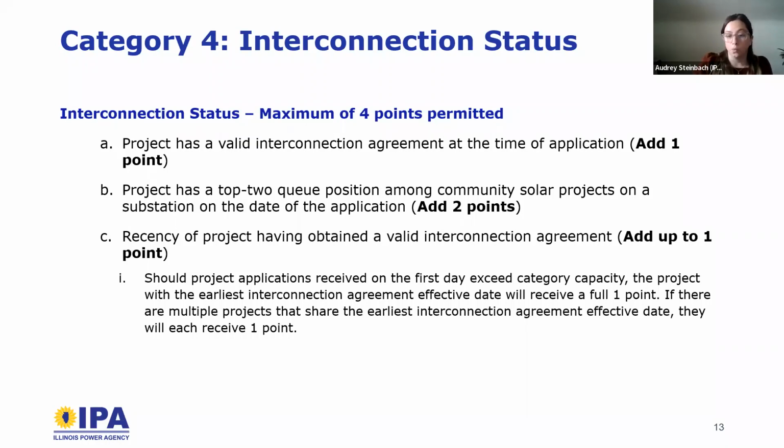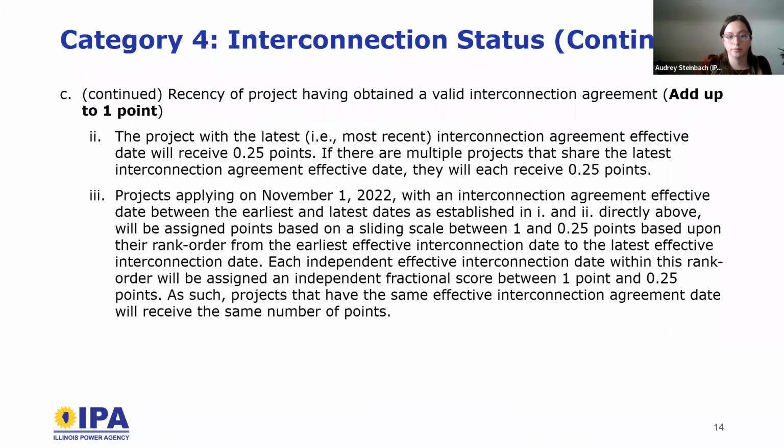The only thing that I did want to note for this section is that to gain the points that are offered for the top 2 queue position criterion, an executed interconnection agreement is required. So let's go on to the next slide and pause there for a moment. And then we can go on to the next slide and pause there for a moment.